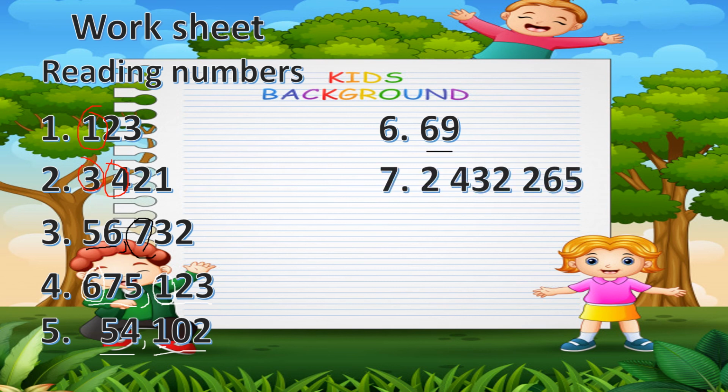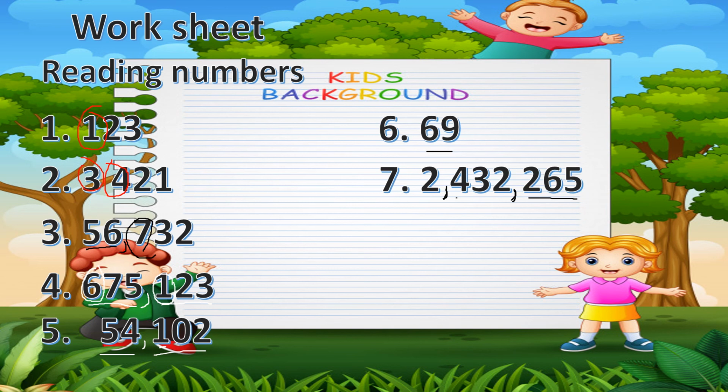Okay, now we have number 7. Oh, it's too many digits. Okay, what are we going to use again? A separator. Okay, so we're going to separate this using a comma. Okay, 1, 2, 3, comma, and 1, 2, 3, comma. Okay, that's the separator. Now this one is units, period of units.